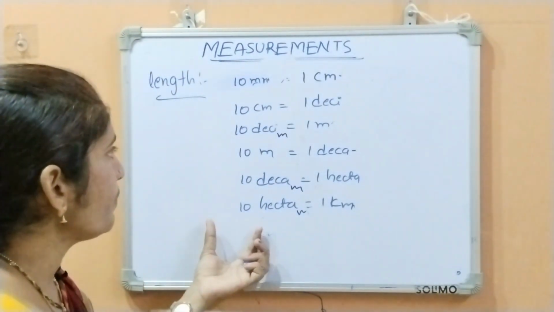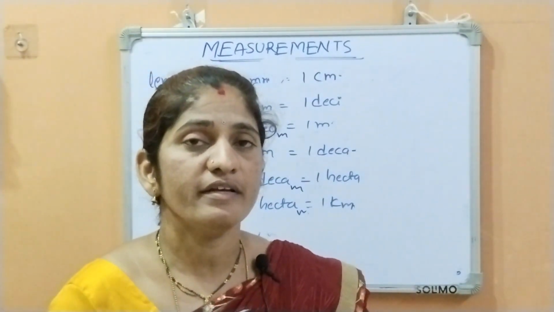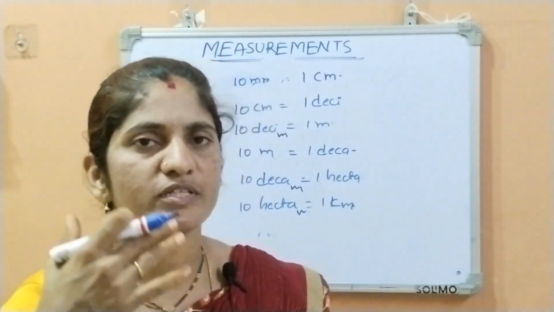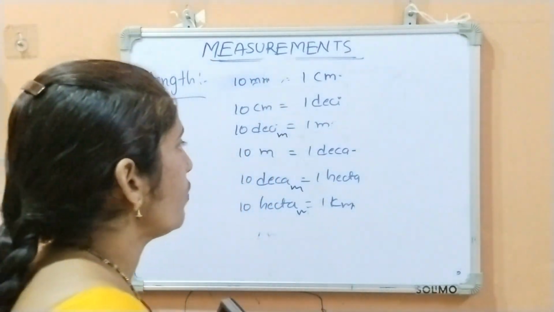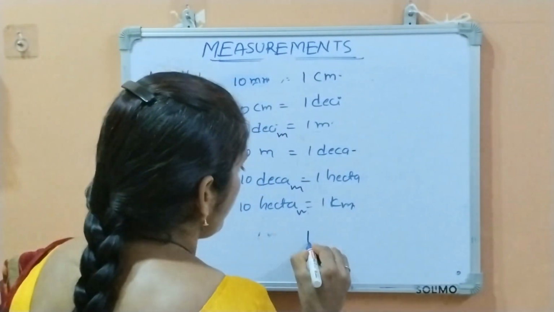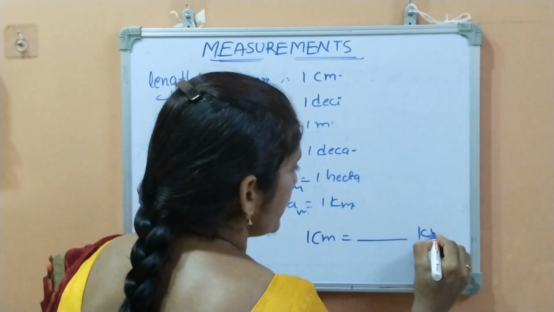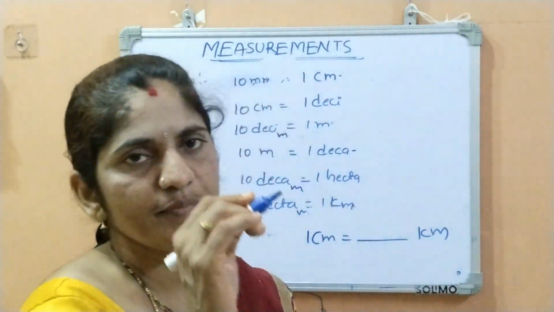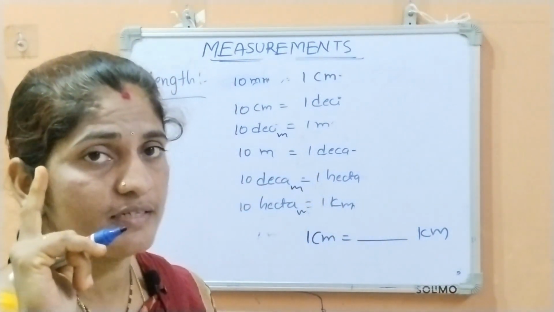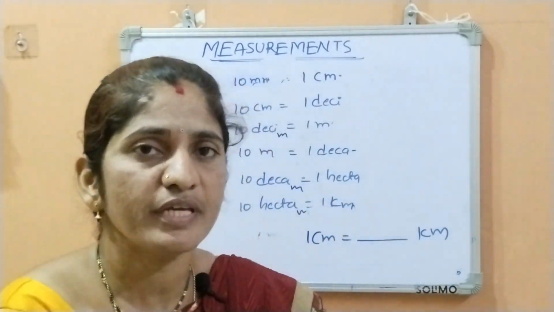Okay. So now we are going to discuss how we can convert a smaller unit to a bigger unit. Smaller measurement to bigger measurement. For example, how many kilometers for a centimeter? Please remember, we are going to convert smaller units to bigger units.